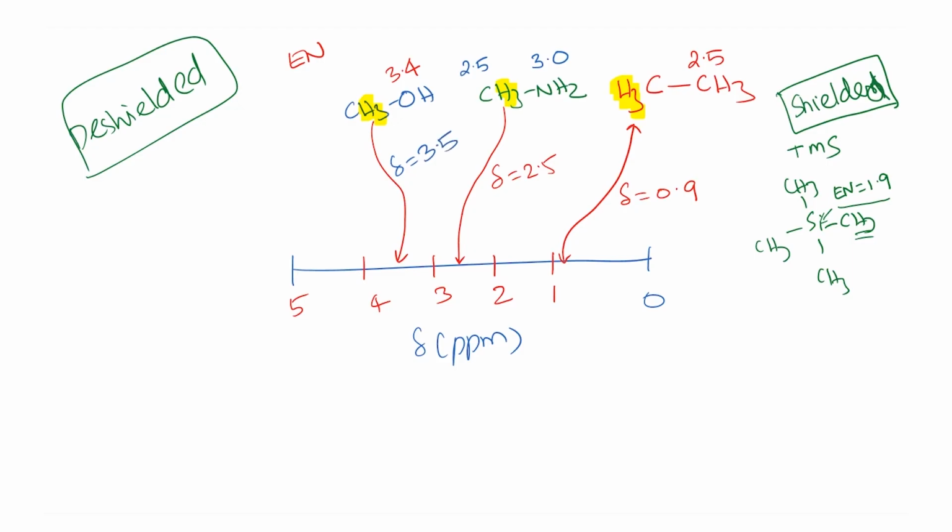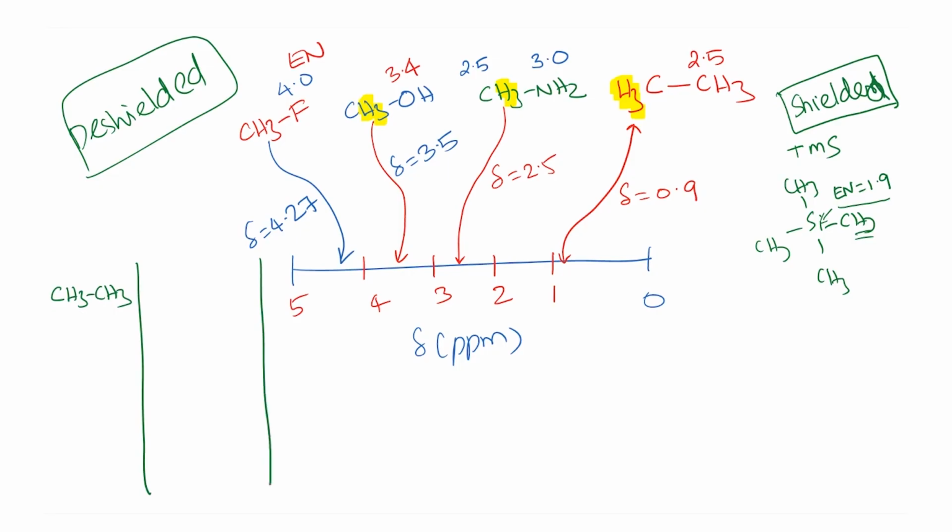And lastly, let us look at fluoromethane, which is CH3F, and the electronegativity of fluorine is 4.0, and the chemical shift of this hydrogen is 4.27.